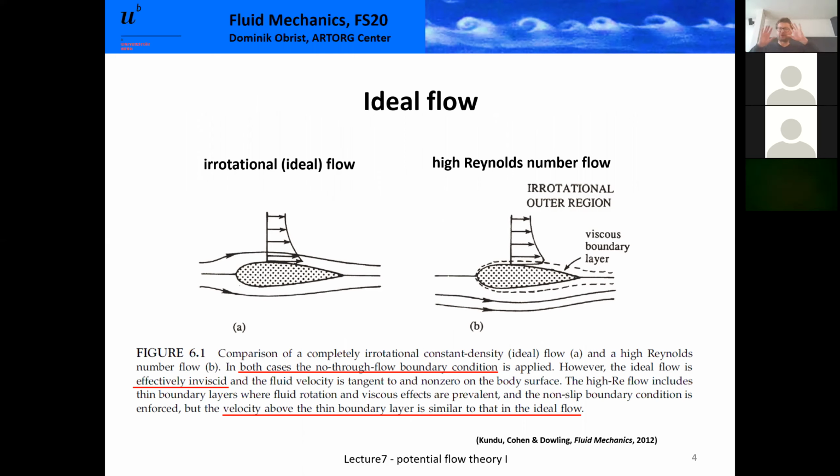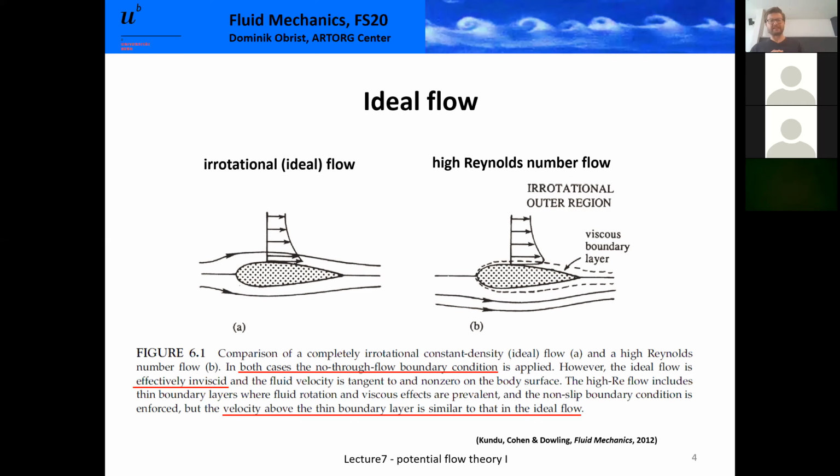Today, we'll just forget about this boundary layer and just assume that we can allow for a slip velocity on the surface of the wall. So we're not enforcing the no slip boundary condition on the wall. So we're not enforcing zero velocity on the wall. We just enforce a tangential velocity on the surface of the airfoil.